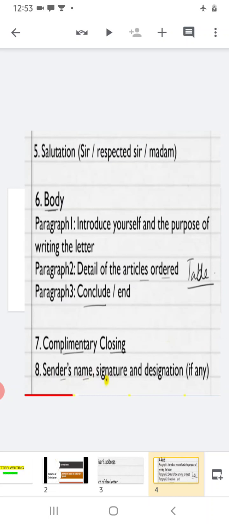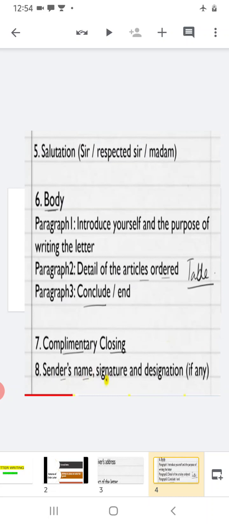In paragraph 1, necessarily there has to be 3 paragraphs for writing down this placing order letter. Paragraph 1, you introduce yourself as in what capacity you are writing the letter, being the office in charge, being the secretary, being the hostel warden of the so-and-so school. So this is how you introduce yourself.